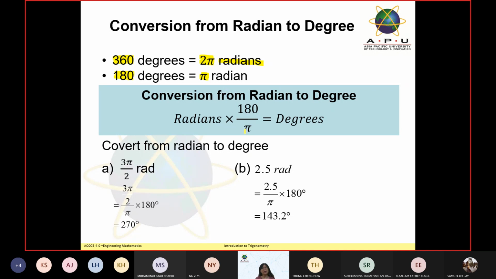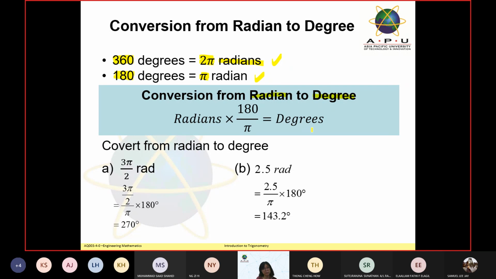Sometimes we would like to convert radian to degree, or from degree to radian. How are we going to convert it? The idea of the conversion comes from this: 180 degrees equals pi radian. Now let's say you have a radian value and you would like to convert it to degree.